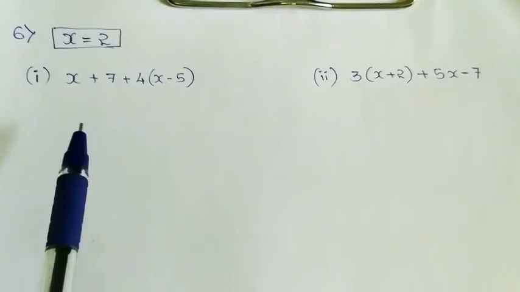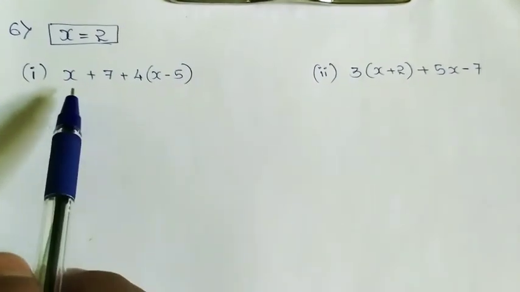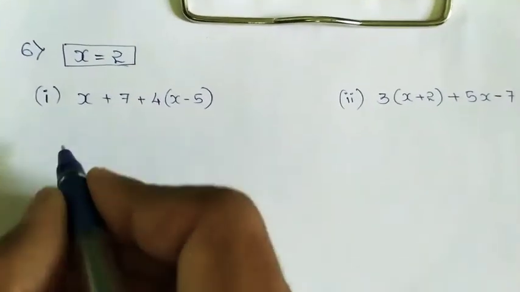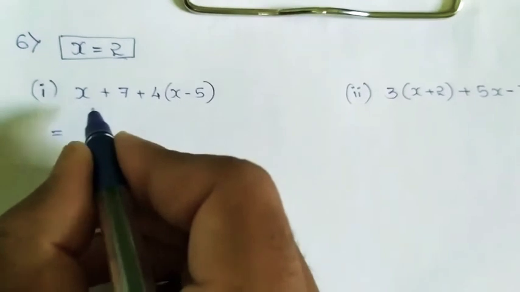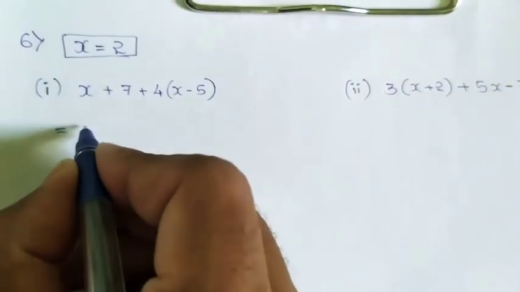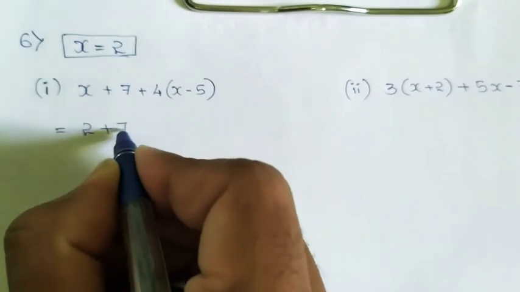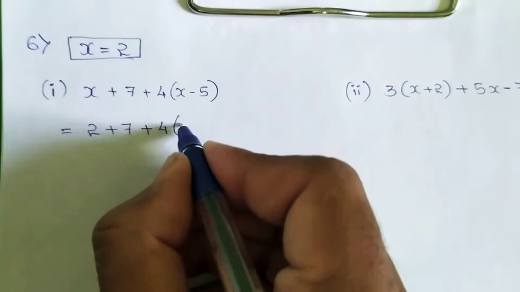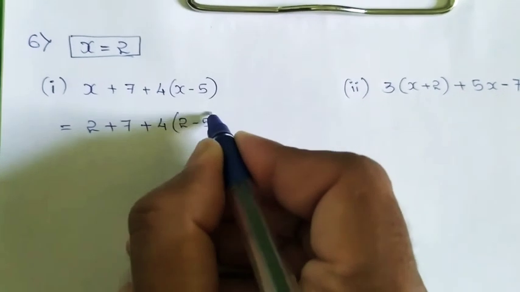In sixth problem, we have to find the value of expression when x is equal to 2. So put the x value in the first one. x plus 7 plus 4 of x minus 5 is there. So x is 2 here, plus 7 plus 4 into x, x is 2 minus 5.